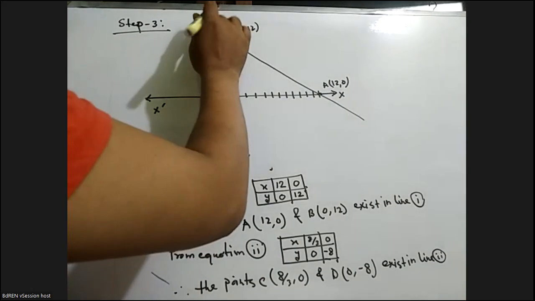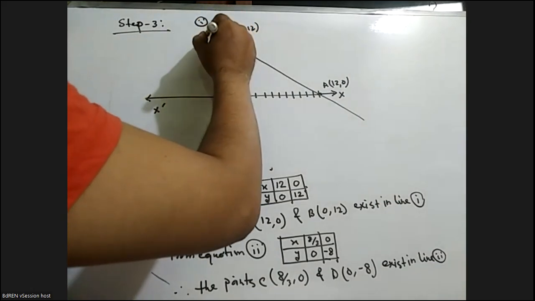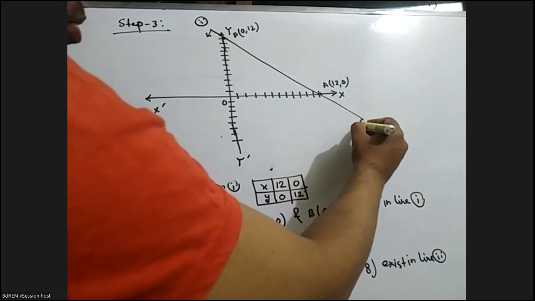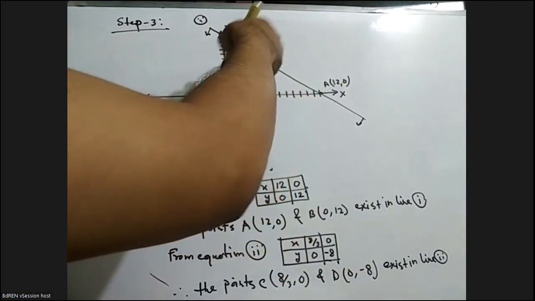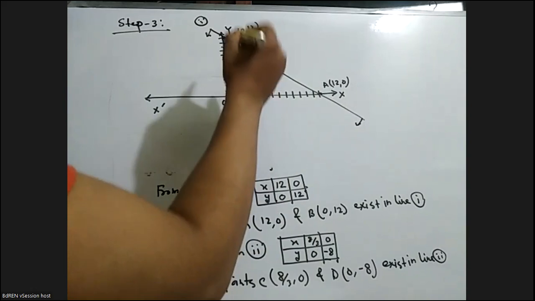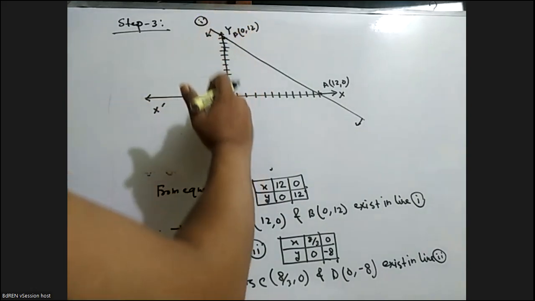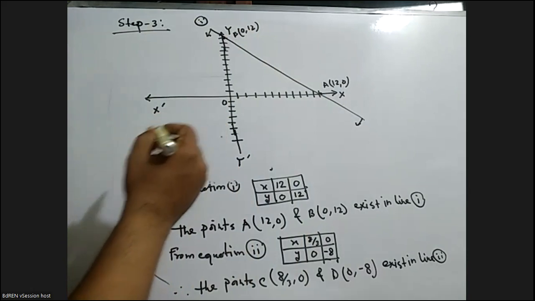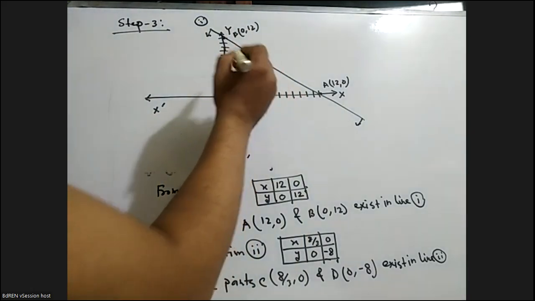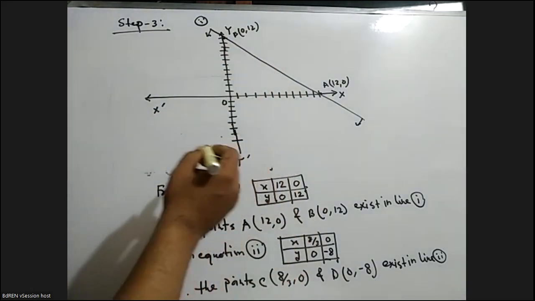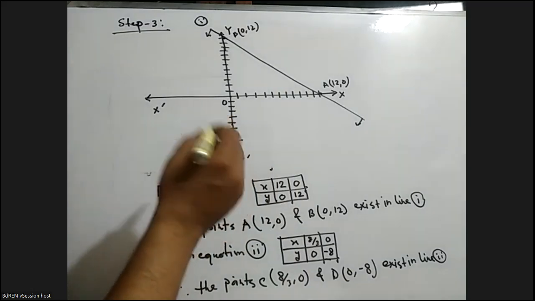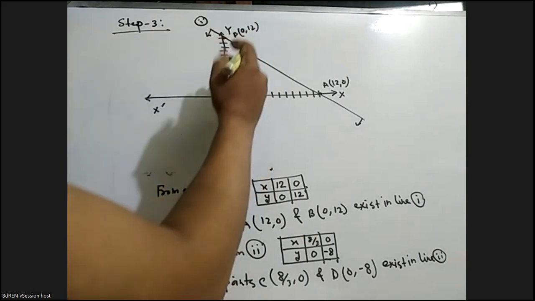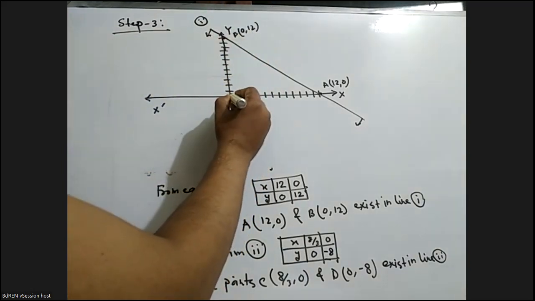So for less than or equal to inequality sign, the solution will exist towards the origin. This is the feasible region for line 1. Towards the origin, because less than or equal. Understand? In our given constraints, they are less than or equal to. If less than or equal to, the solution exists on the side of the origin.